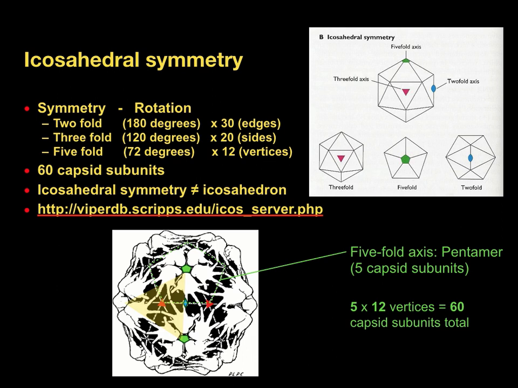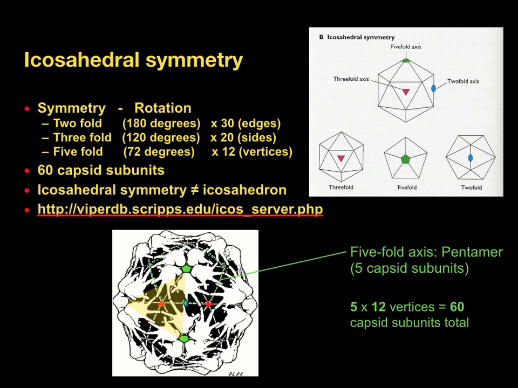So if this is like a hand, we can see that the wrist is interacting with other wrists in the fivefold symmetry axis, but then the fingers are going to interact with each other like this in this axis. The same with the twofold axis. So at the end, what we have here is a particle that has 60 different subunits.